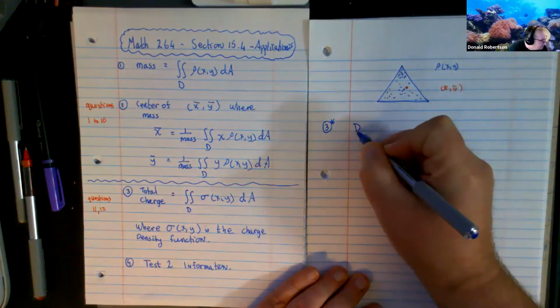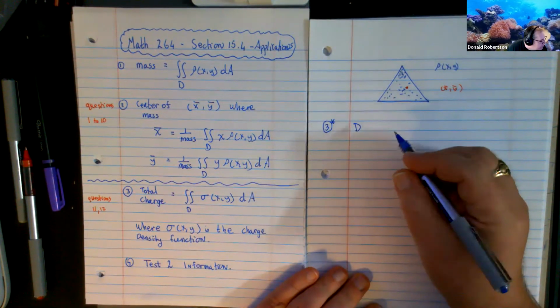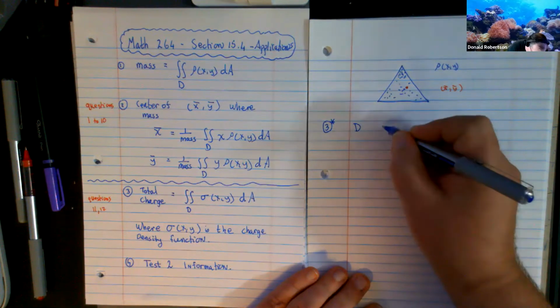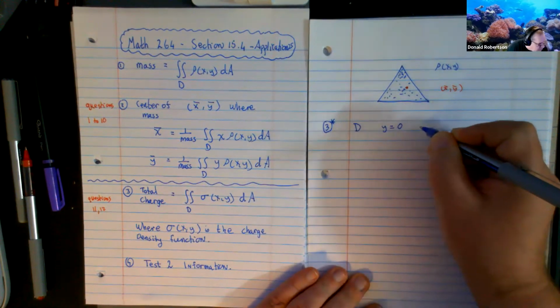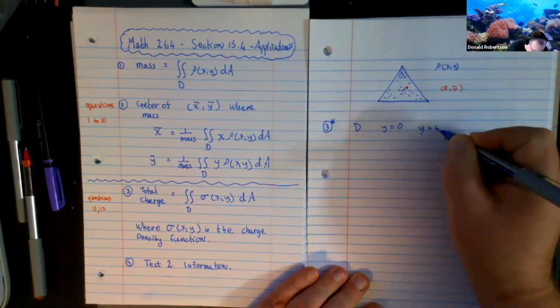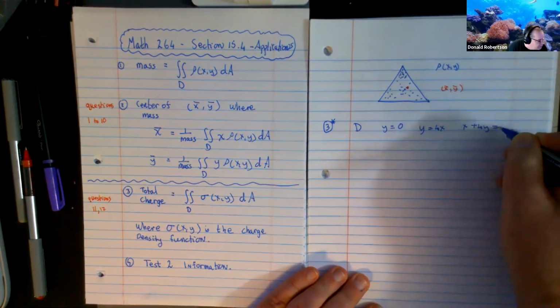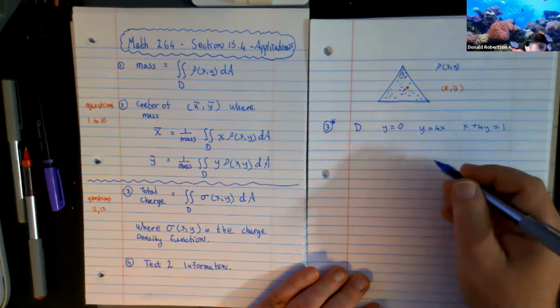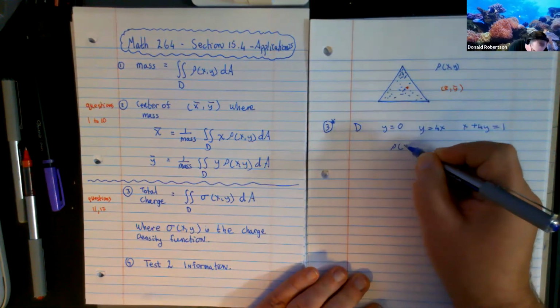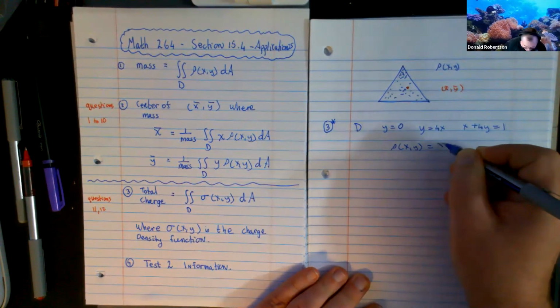The region D that we are going to work with is y equals 0, y equals 4x, and x plus 4y equals 1. And the density function this time is equal to x.